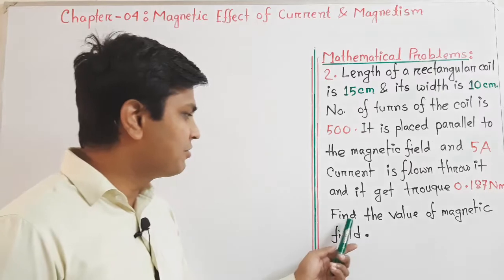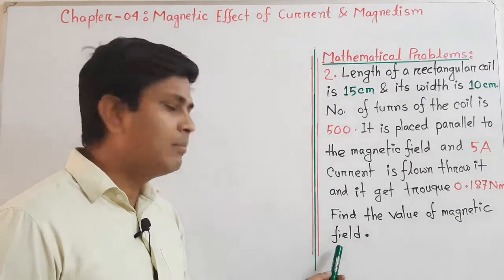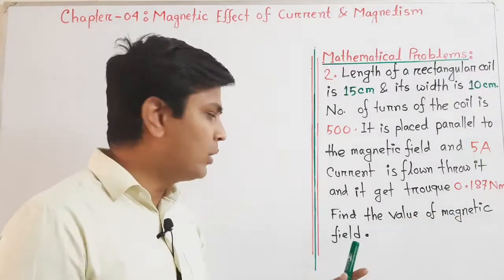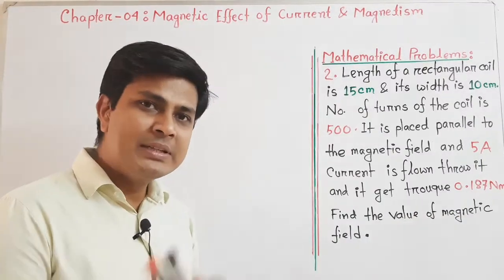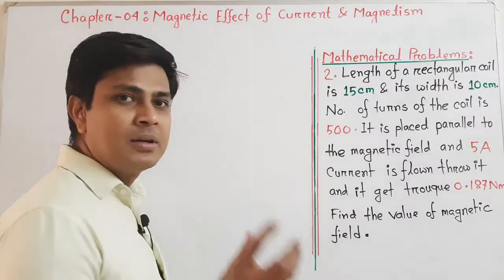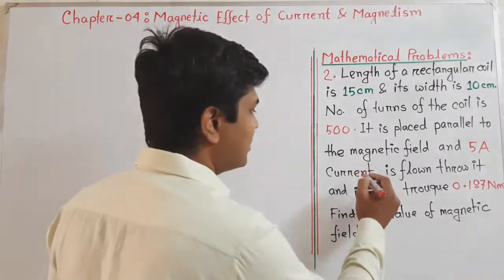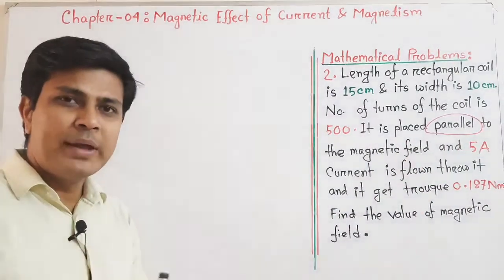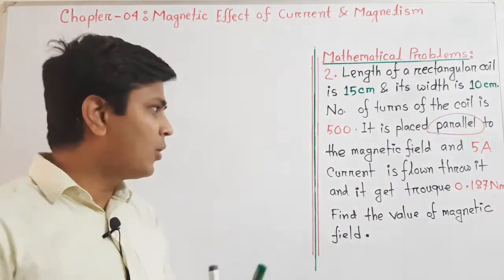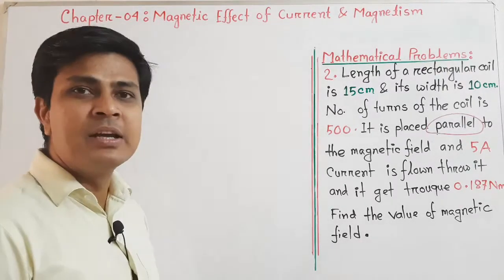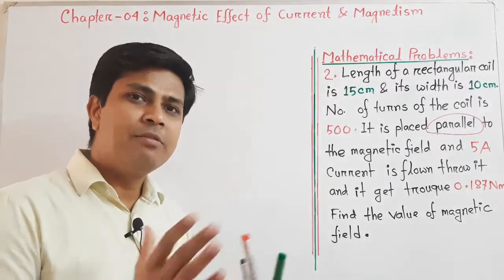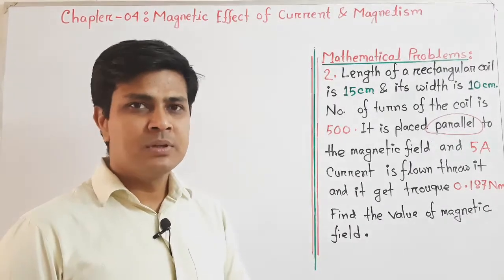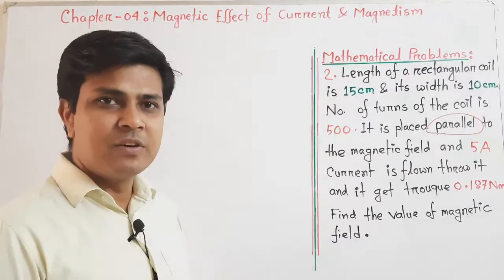The question is, find the value of magnetic field. Here torque is given and we have to calculate the magnetic field. There is another clue, that the coil is placed parallel to the magnetic field. When a rectangular coil is placed parallel to the magnetic field, the formula is torque tau equals NIAB. So let's see the given information.